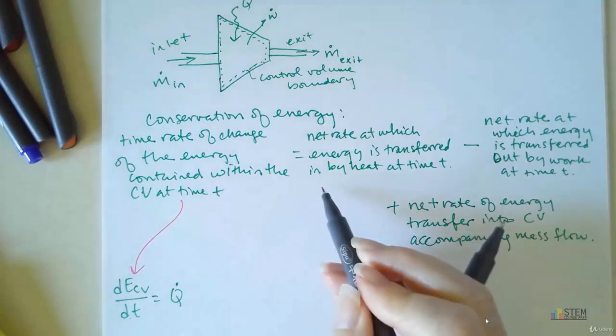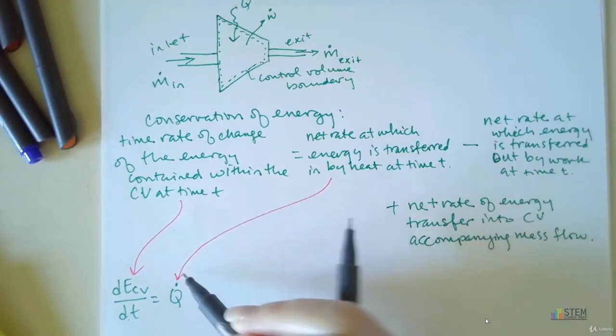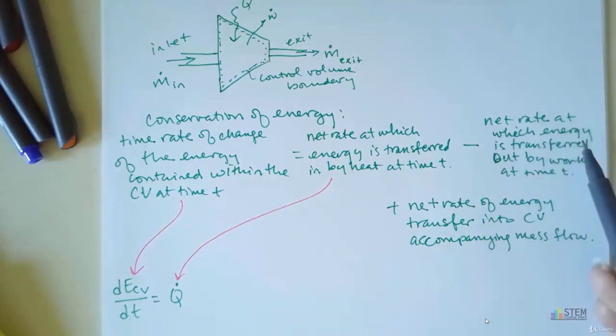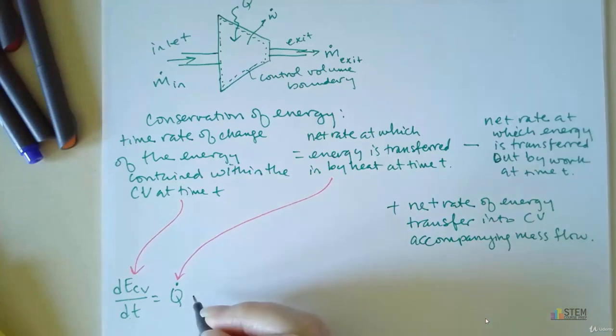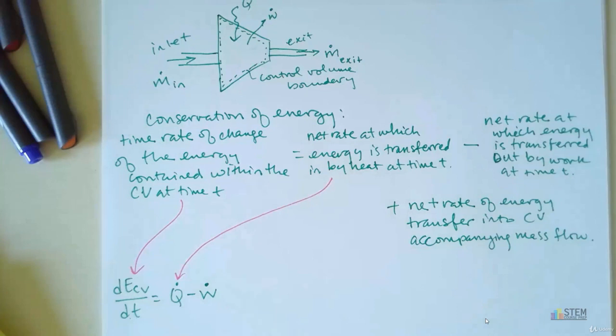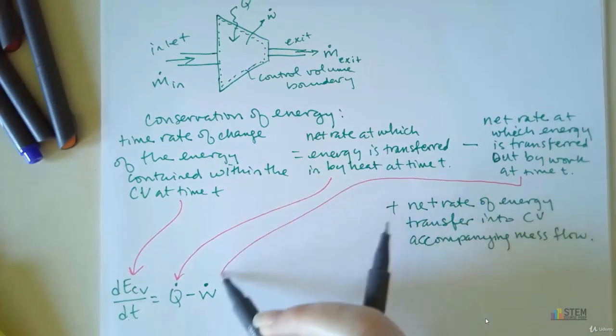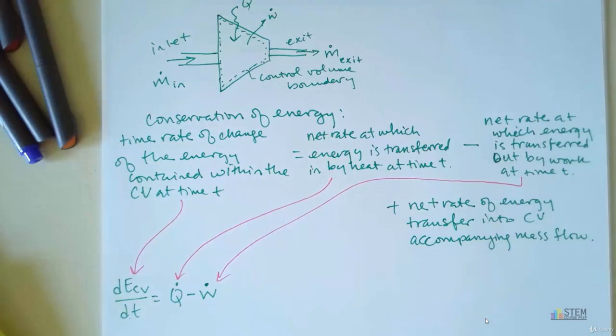Q dot goes with that. This next term where we have the net rate at which energy is transferred out by work, that's going to be, you guessed it, W dot. So this one is for that.